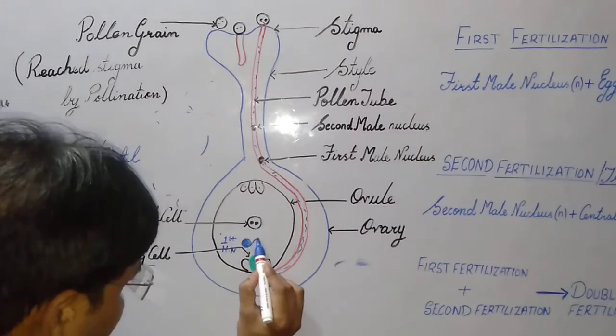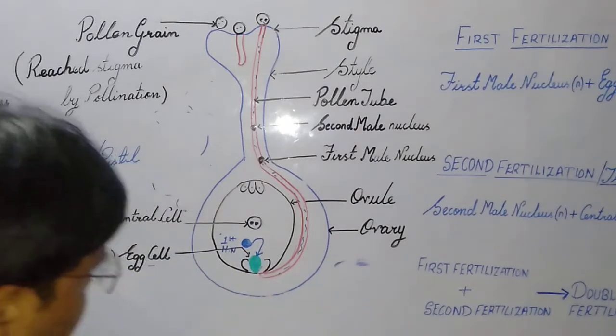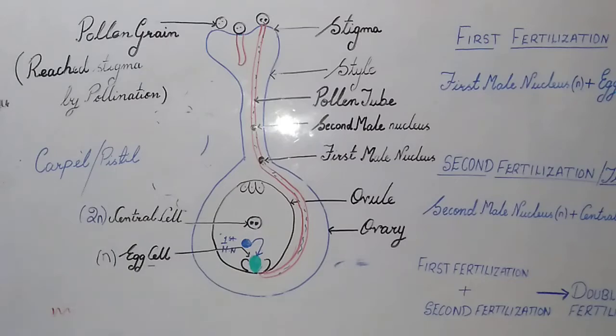The first male gamete fuses with the female gamete, that is the egg cell, and this is known as first fertilization because the first male gamete is involved.